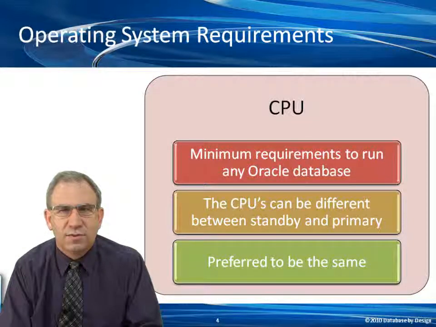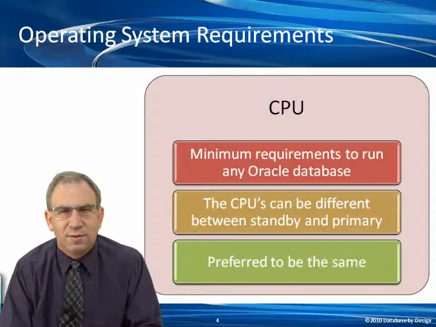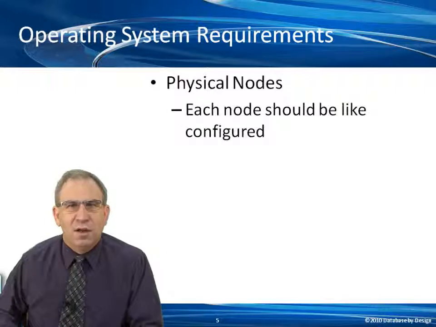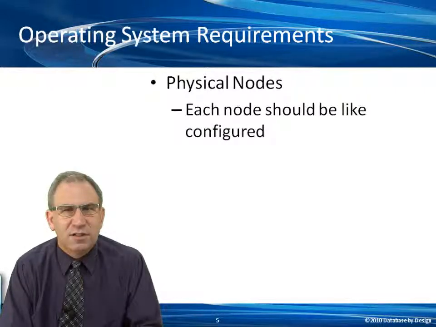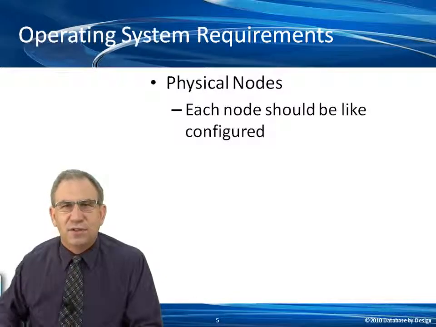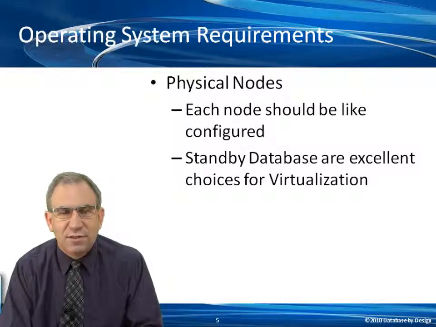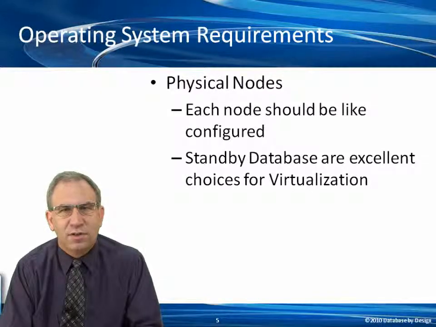Certainly our preference would be for the CPUs to be the same. However, there's no specific requirement for them to be the same in any way, shape, or form. For each physical node, we would like to have each physical node configured similarly. They would need to have the same overall configurations.